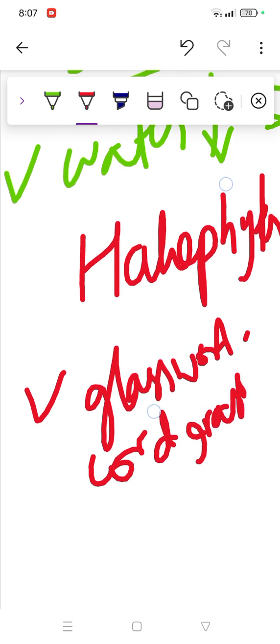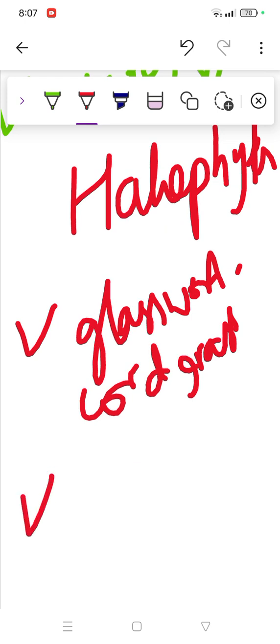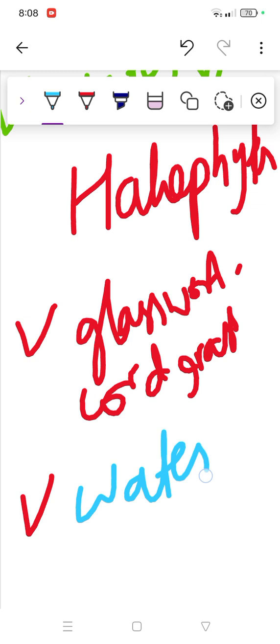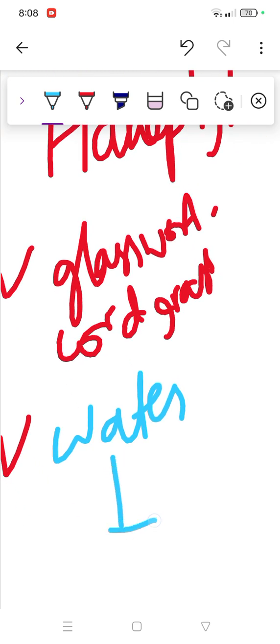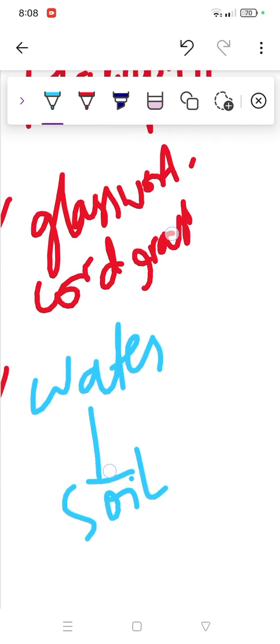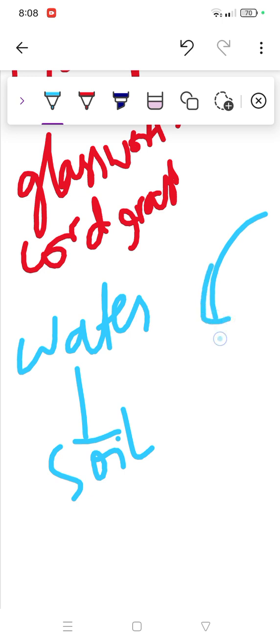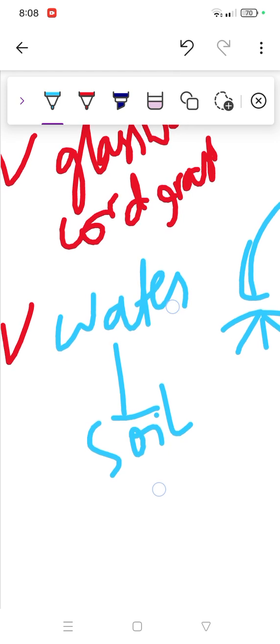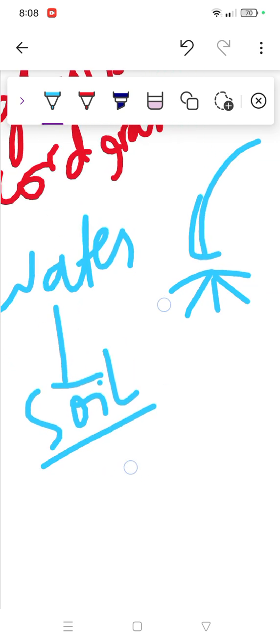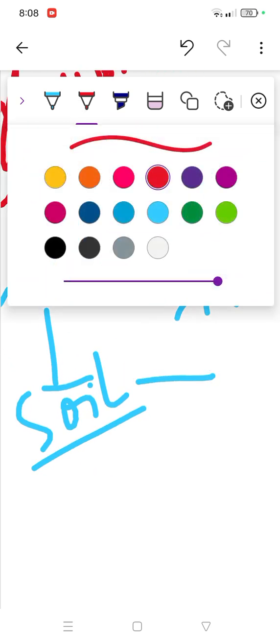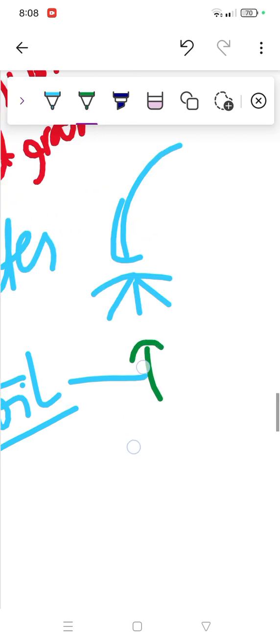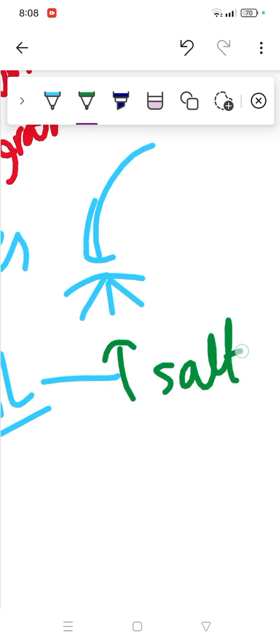Then they have to absorb water. What will they do? They have to absorb water from the soil, because they need water. When they get water, they will absorb it and store it in the root. So water will be taken from the soil, which has a higher salt concentration because they are living near the sea level.